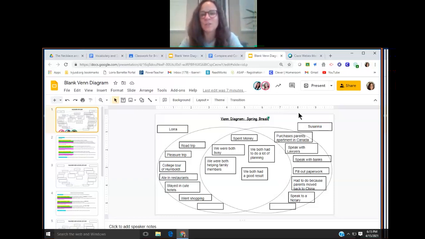Because this is where the circles overlap and so we had to figure out, is there anything the same about our two vacations? So this is what we came up with. First, we both spent money. So she spent a lot of money and I spent a medium amount of money, but a small amount compared to what she spent. We were both very busy.